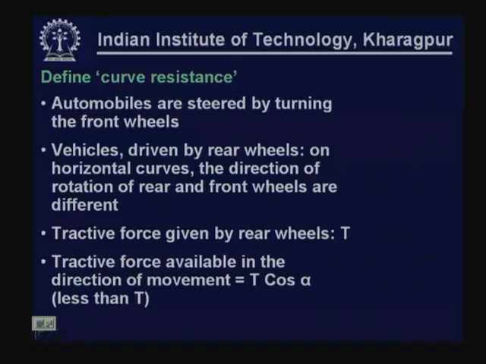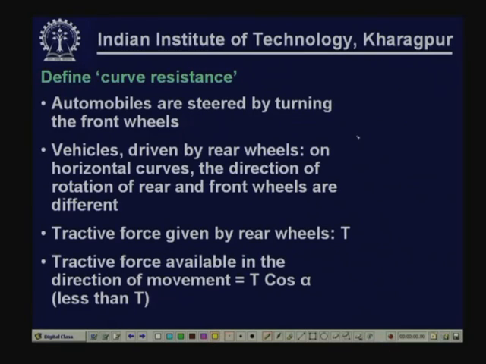Automobiles are steered by turning the front wheels. So, the movement is something like this. These are the wheels which are turned like this to negotiate a curve. Now, for vehicles which are driven by the rear wheels, on horizontal curves, the direction of rotation of rear and front wheels are different, because rear wheels are like this. Front wheels are only rotated.